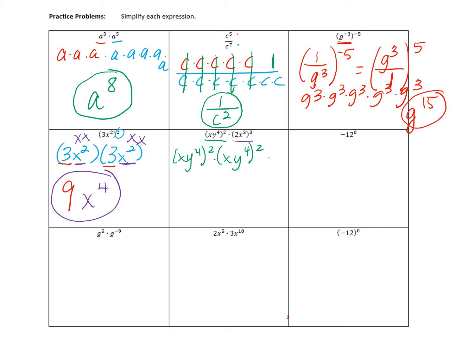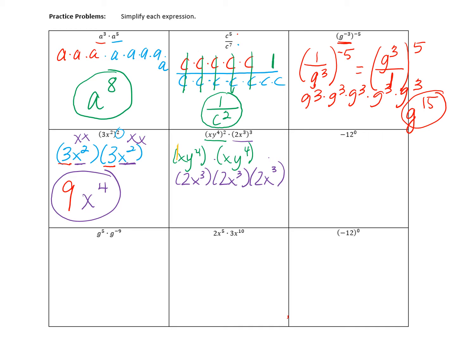My box is too small for me to include all this on one row. Oh, hold up. I'll put those 2's in there. Sorry about that. So I have xy to the 4th squared, which is xy to the 4th times xy to the 4th. And then I have 2x cubed, and so I wrote that one down 3 times.